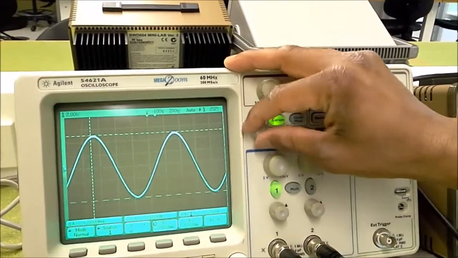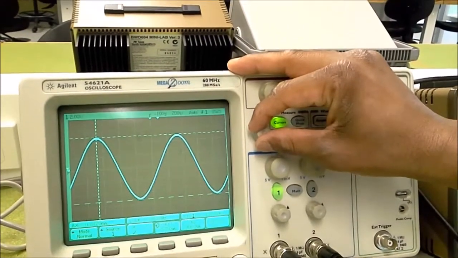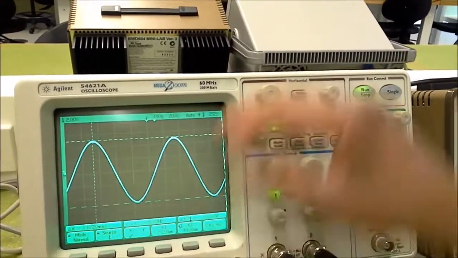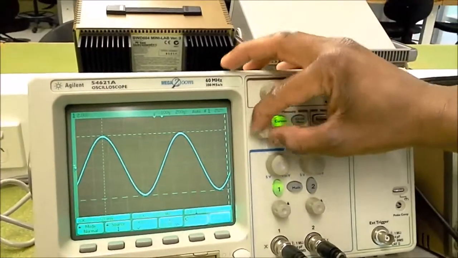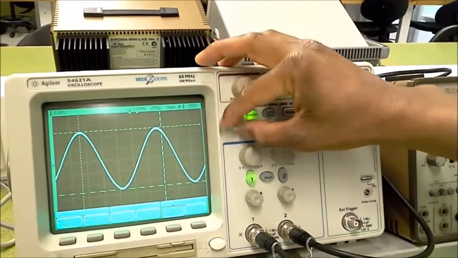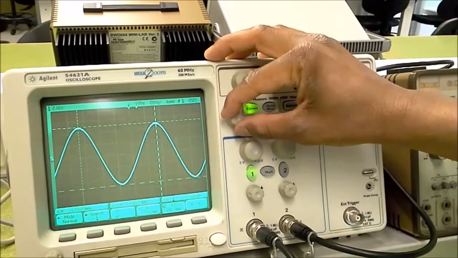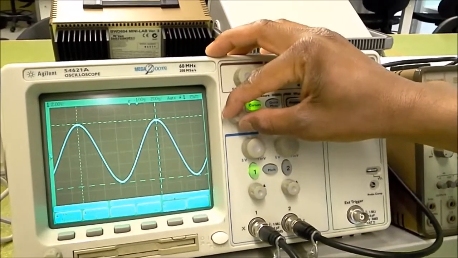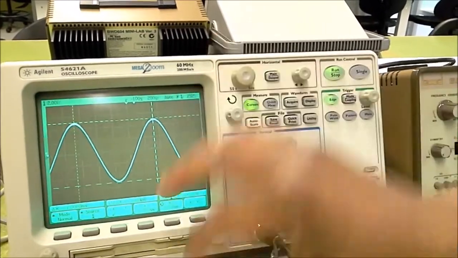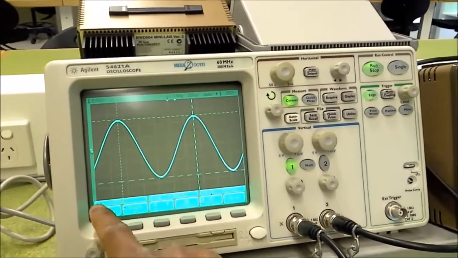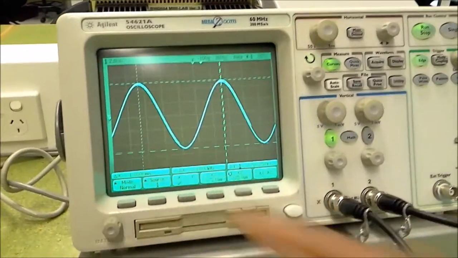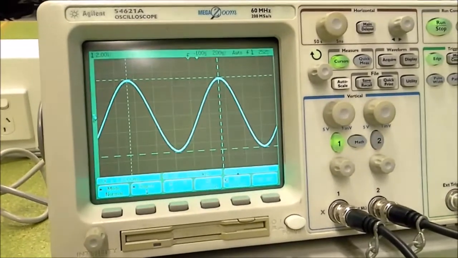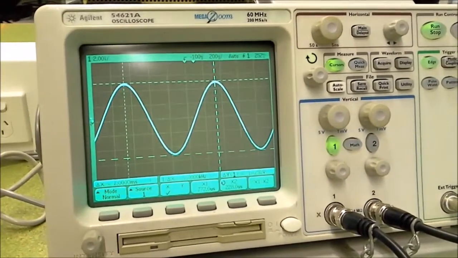Now we set x1 at the first positive peak, and then we select to move x2 to the next positive peak. So now delta x, that is the difference between x1 and x2, is 1 millisecond, which corresponds to a frequency of 1 kilohertz.